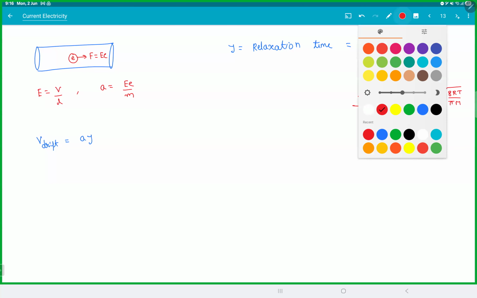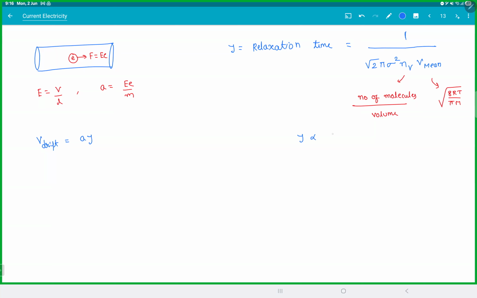So from here you can clearly see tau is proportional to 1 by root temperature. If you increase the temperature, the molecules will move faster. That means the same distance they'll cover in a shorter time, so they'll collide more.